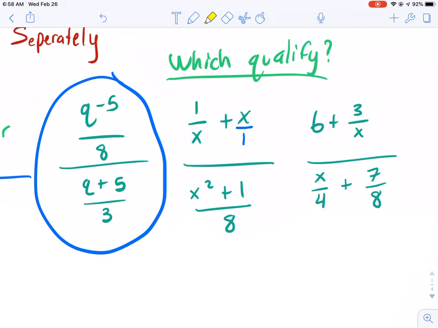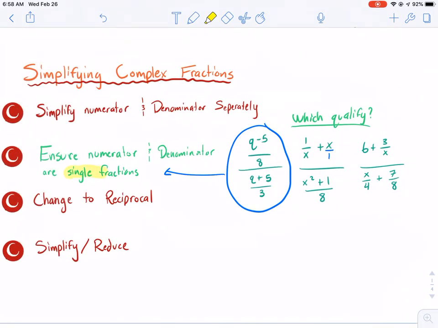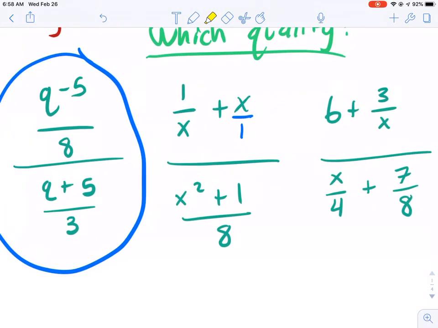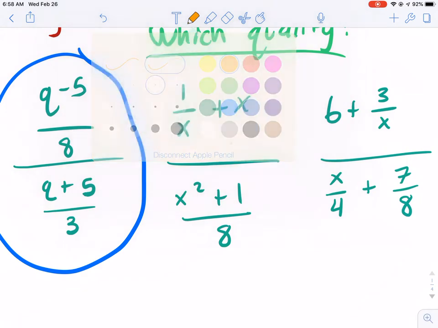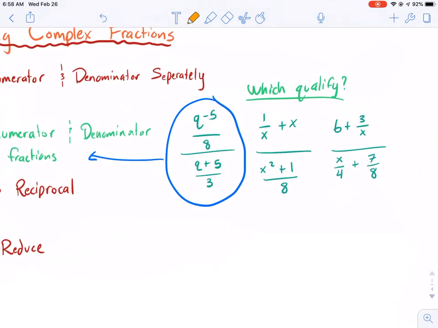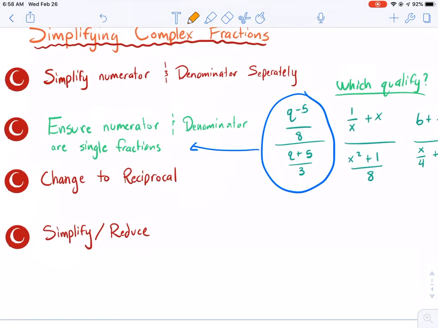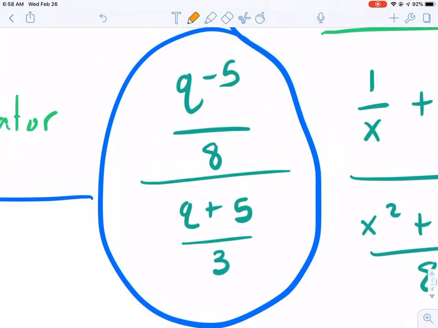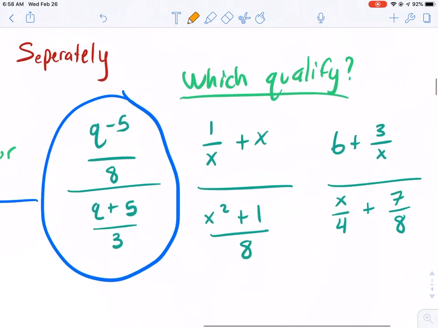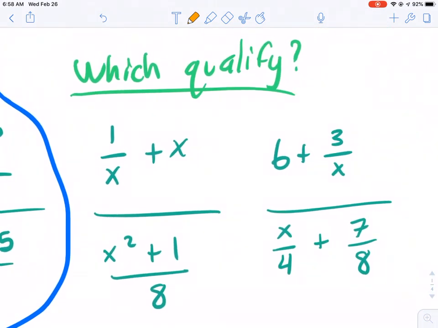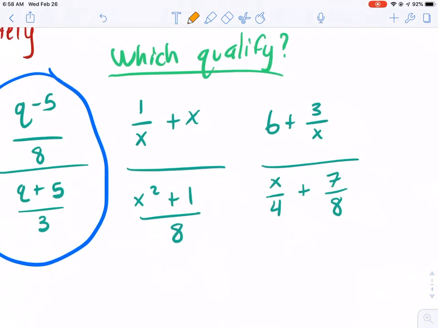That means we can't simplify it to a single fraction. So the second one does not qualify. This is one we would need to simplify first before proceeding. That's kind of a hassle, but I just want you to be aware that you want it to look like this before you proceed. We do not like it looking as it is in the top.